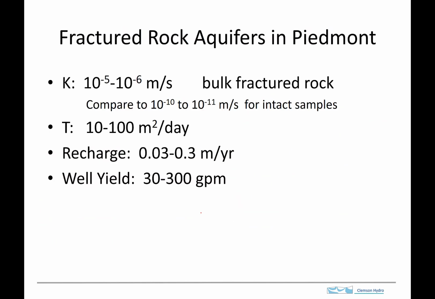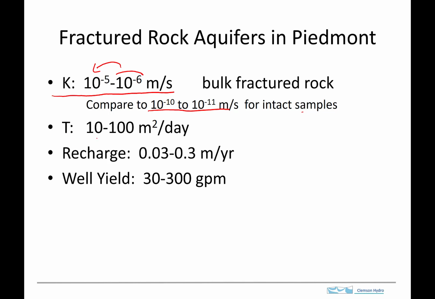So to summarize the bulk fractured rock, this is the range, 10 to the minus 6 for saprolite and the underlying fractured rock, and we saw 4 times 10 to the minus 6 for the average value in the transition zone. And then these are the values for intact rock.